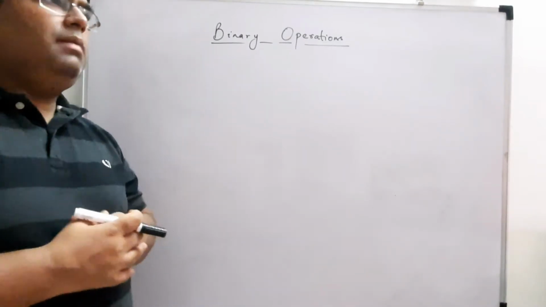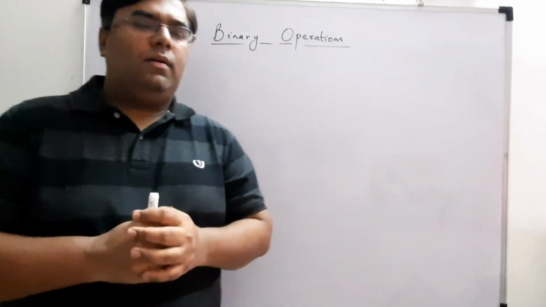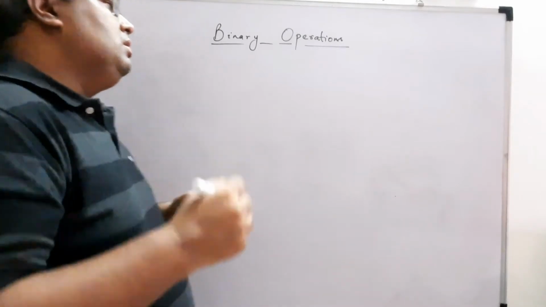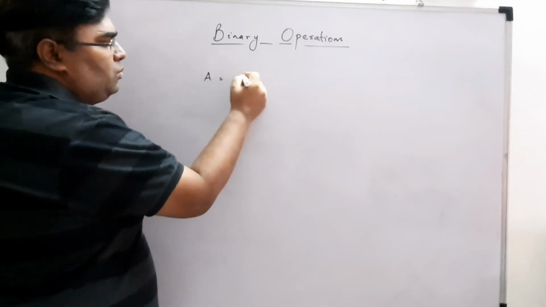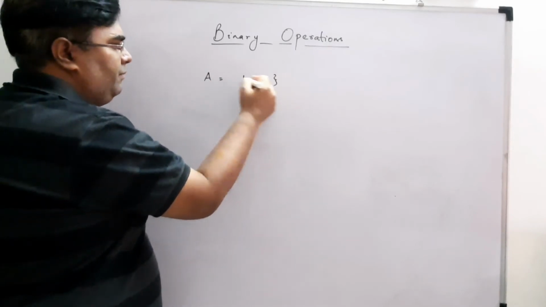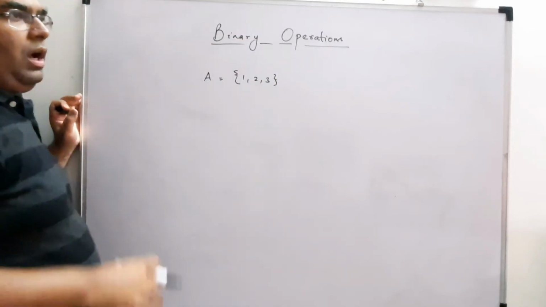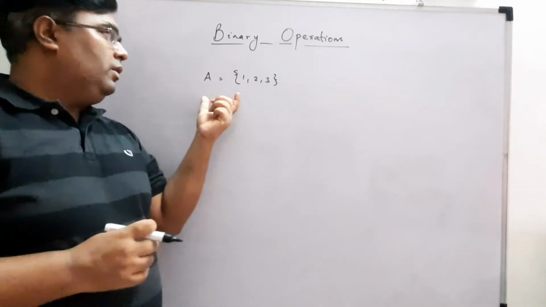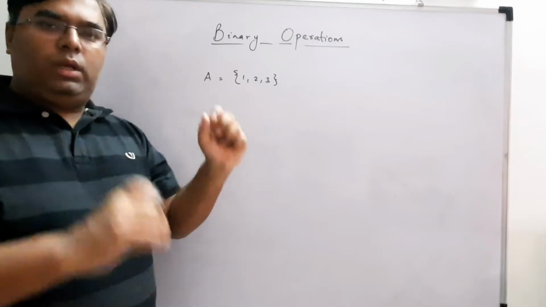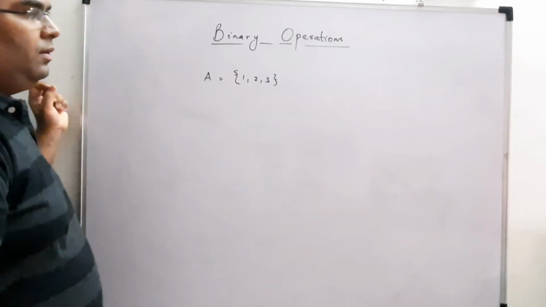Let us understand binary operation as a function. Suppose I have a set A which is 1, 2 and 3. Now I want to make a binary operation which involves the elements of A only, right? So what will happen?